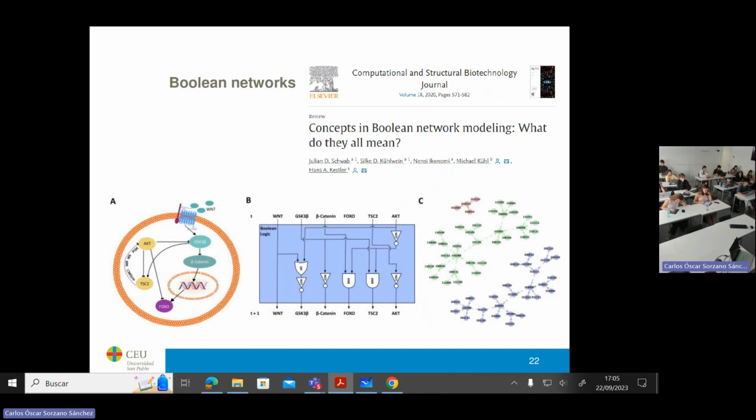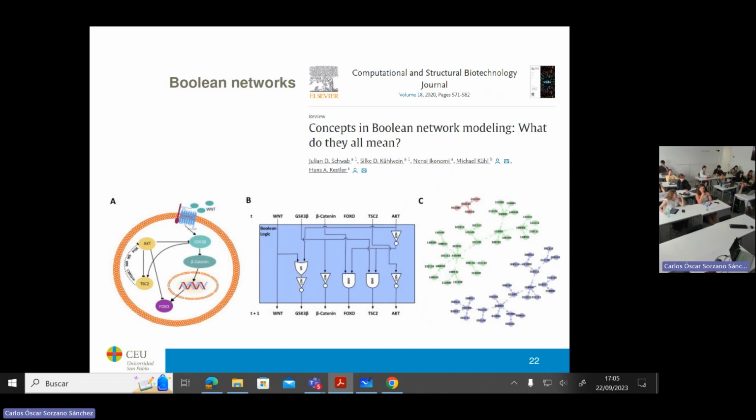So for instance, here, you can say, okay, this protein will be activated if AKT is activated or WNT is activated, and then I negate that. So for this to activate, neither of these two have to be activated. And so you construct circuits like this.